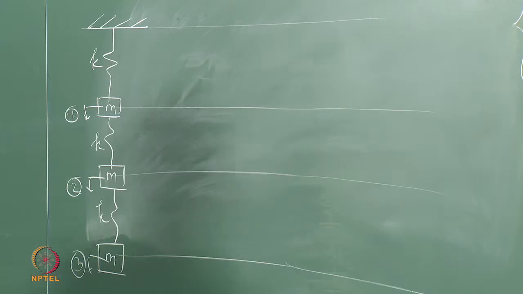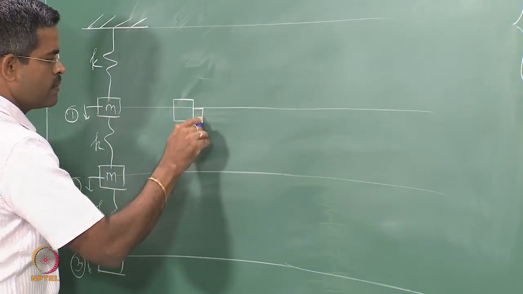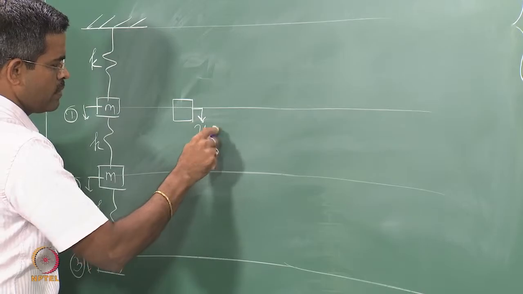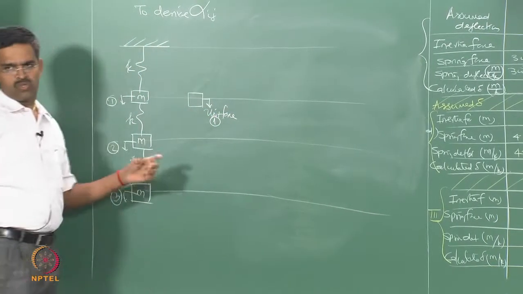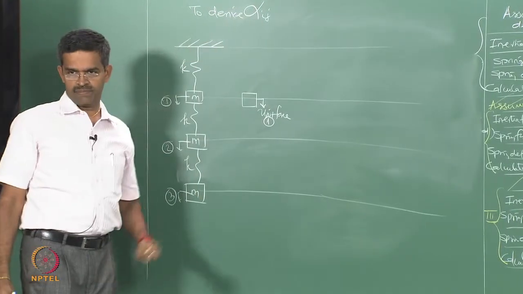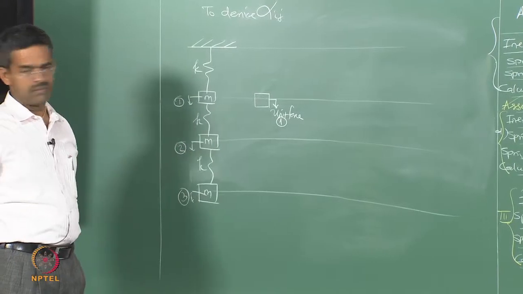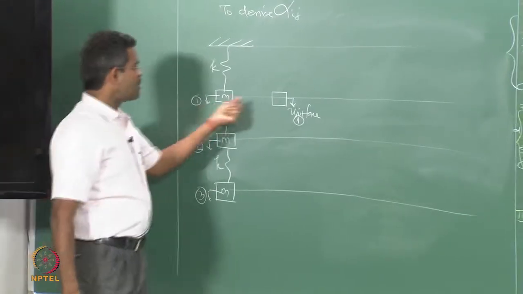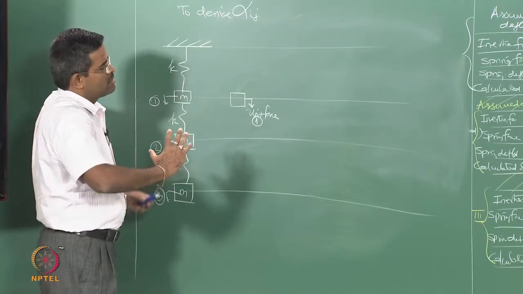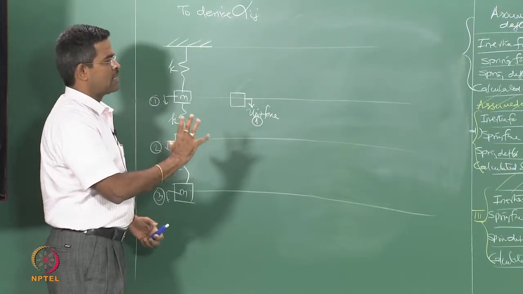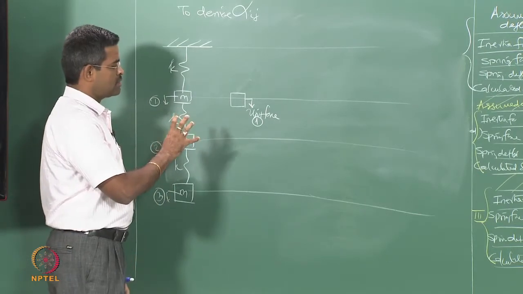Okay. So, let us apply unit force here. Unit force, I am talking about alpha ij. For stiffness, it is unit displacement. Here it is force. The moment I apply unit force here, please watch carefully, because if you are able to understand this, I think the essence of the first module is completely understood by you, because it is very difficult for you to understand this otherwise.